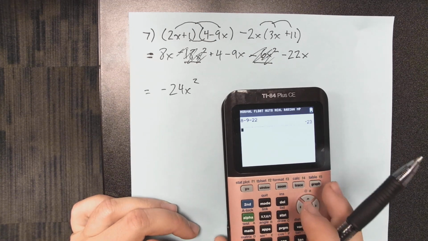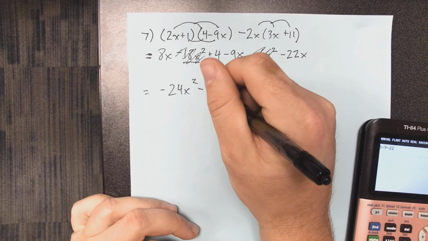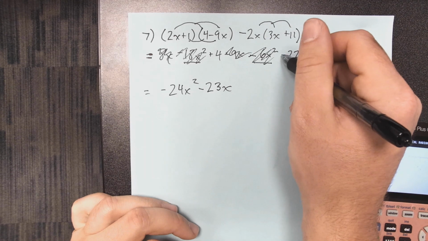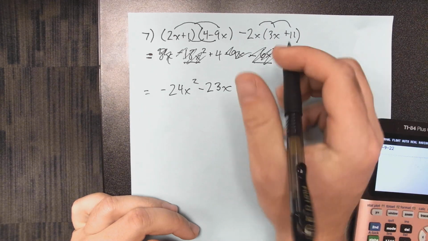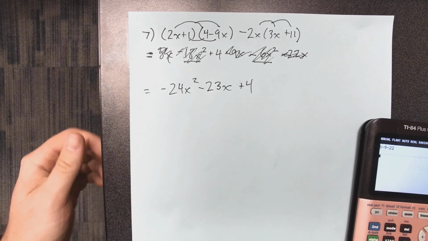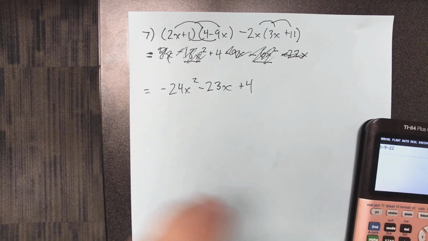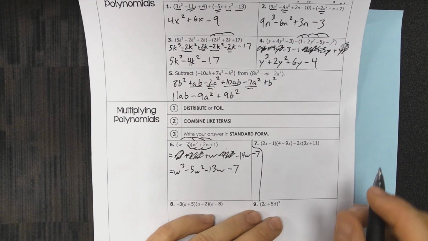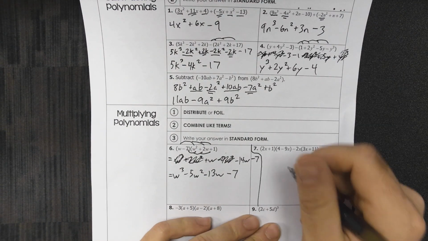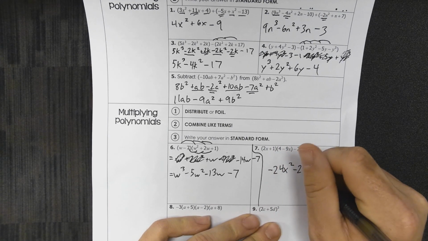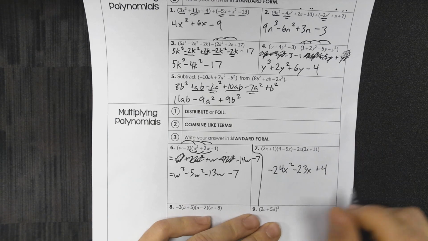That's how you can use the calculator when combining like terms if you have a lot of them. I just combine those three together, and there's nothing to combine the 4 with, so just bring it down. And there's the answer for number 7. So for number 7, the answer was negative 24x squared minus 23x plus 4.